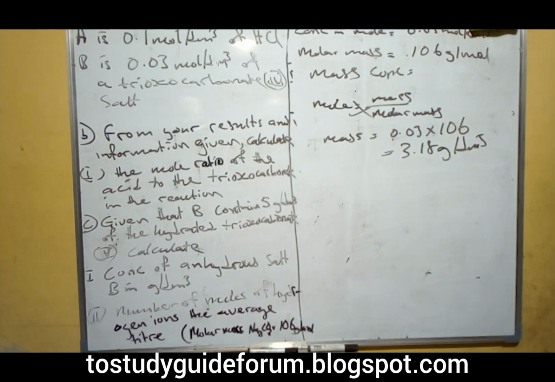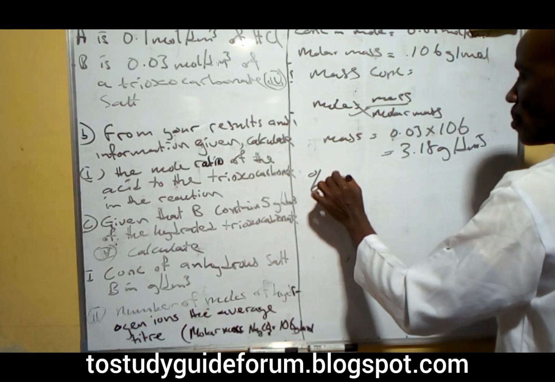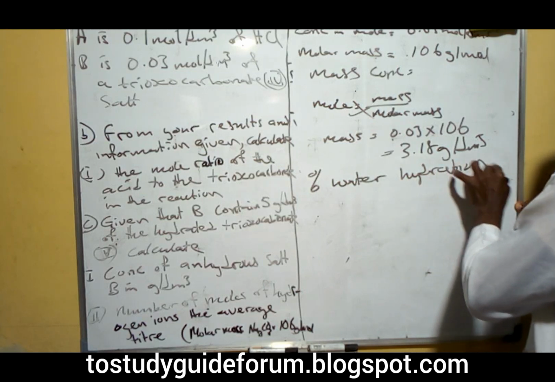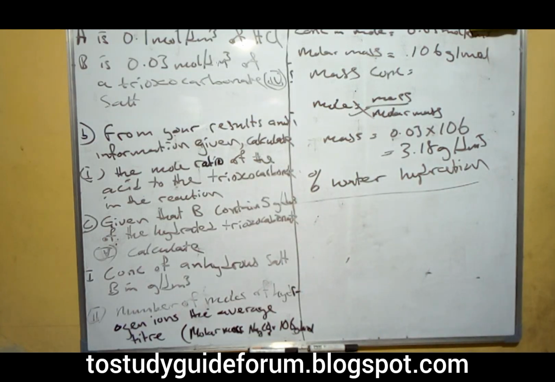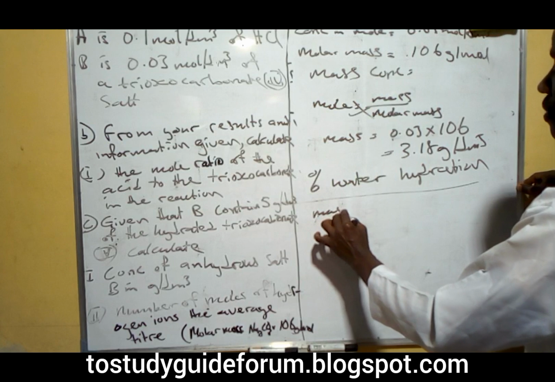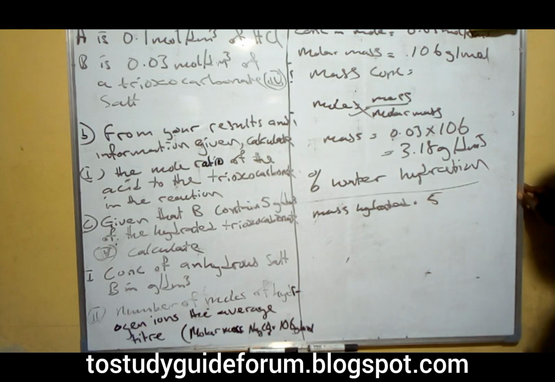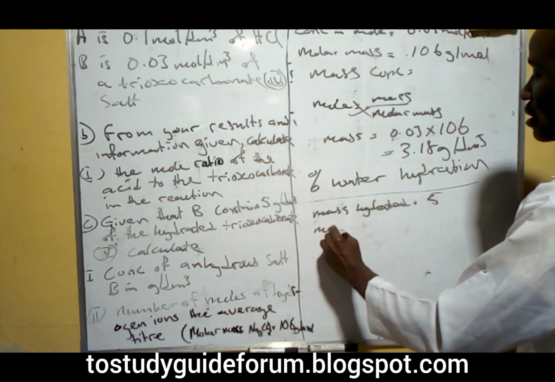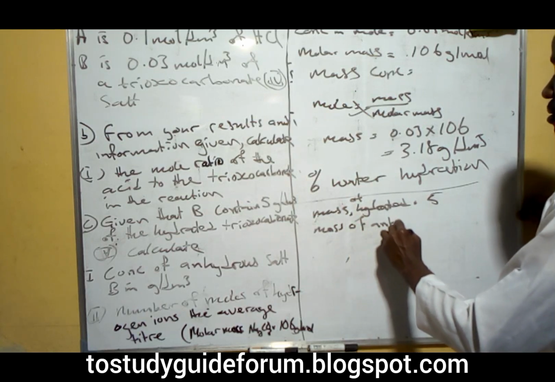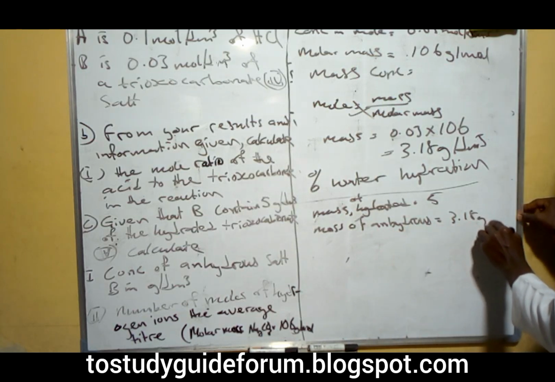So the next thing we are asked to find is the percentage water of hydration. Percentage water of hydration is percentage water of crystallization. So we have our mass of hydrated salt to be equal to 5 grams, and the mass of anhydrous salt is equal to 3.18 gram.